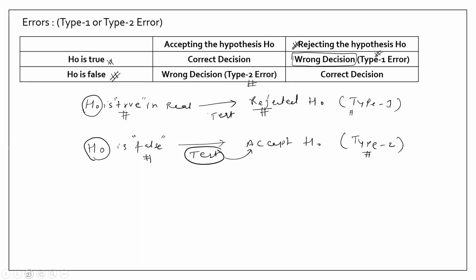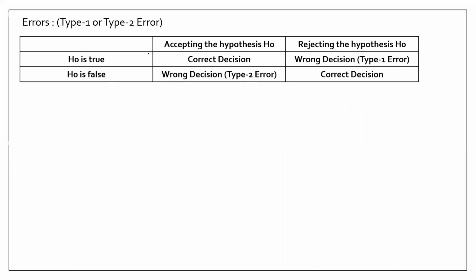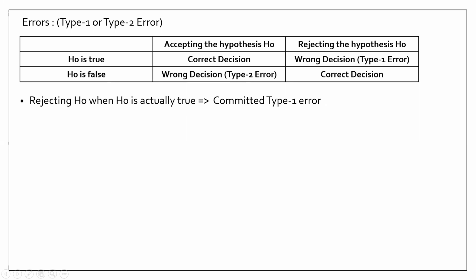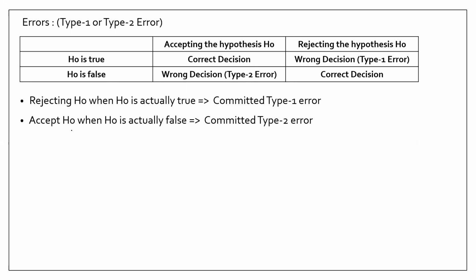So this table is self-explanatory. You can link every part and see which kind of error we are committing. Rejecting H naught when H naught is actually true, we are committing a type 1 error. Accepting the null hypothesis when H naught is actually false, we are committing a type 2 error.